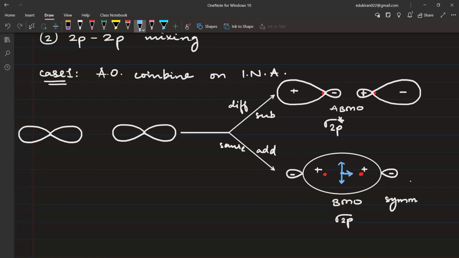You move to the right, you will get the same thing on the left also. If you move right, you will get positive phase, positive phase, positive phase, and if you move even more, you will get negative phase. Similarly, if you move the same distance in the opposite direction, you will again get positive, positive, positive, and then negative. But this ABMO is still unsymmetrical here. And the rest of the properties are similar to those of the ABMO of sigma 1s star. Chaliye, let us look at the second case.